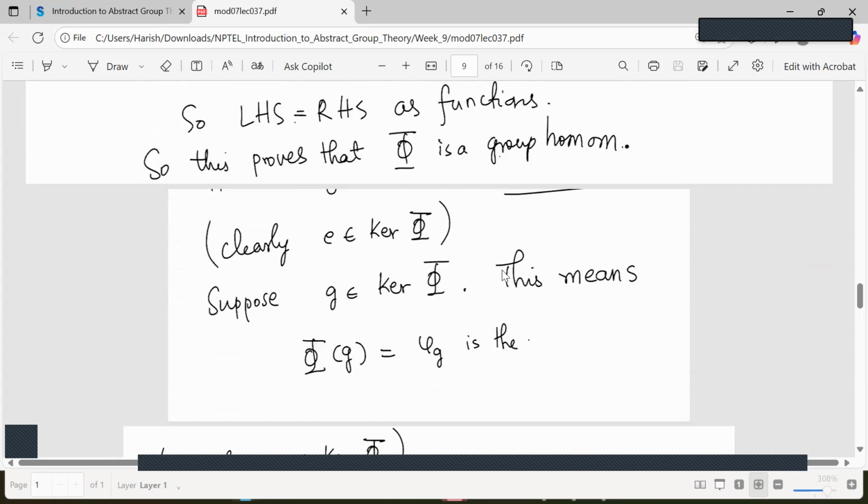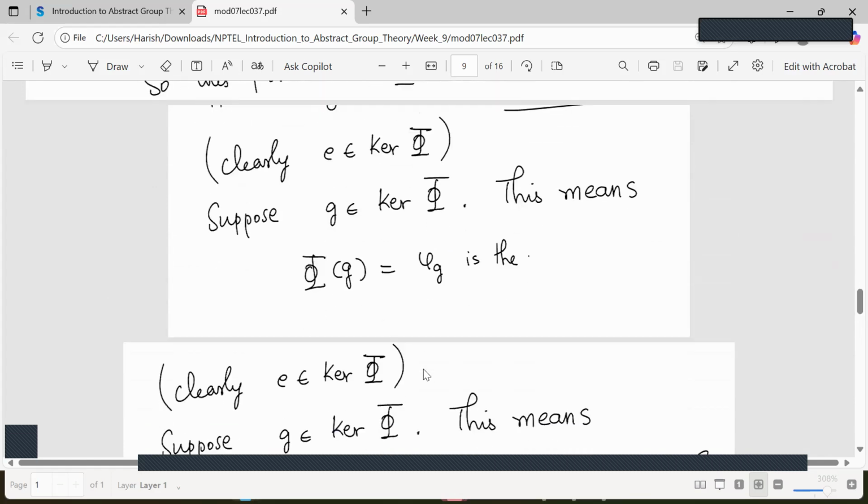So if some element belongs to the kernel of this capital phi, then phi of g, that is phi subscript g, should be the identity permutation, right? Because what is the identity element in Sn? That is just the identity permutation, which fixes everything.